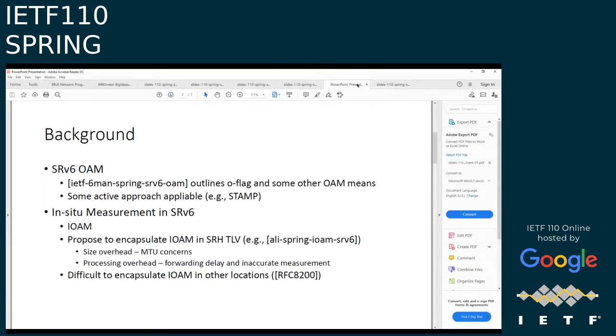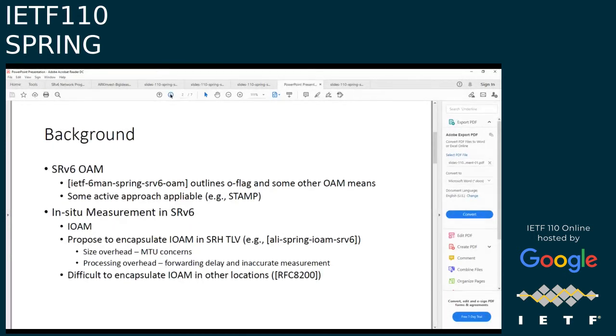Here we are about to support in situ OAM. There are already several existing proposals to support IOAM in SRv6, for example, encapsulating it into an SRH TLV.